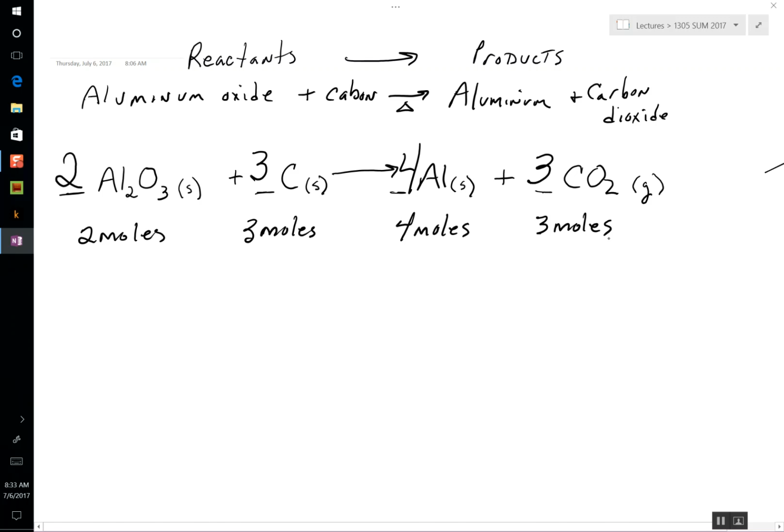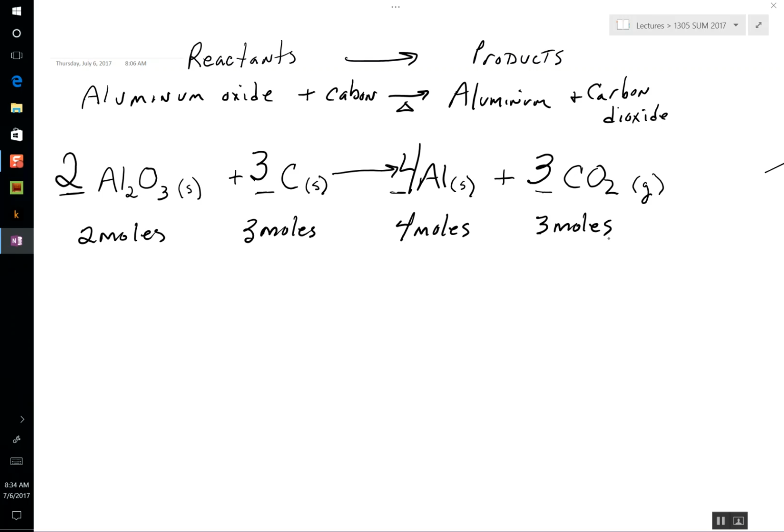Jose? How do we know what's what? I know you talk about those subscripts, like solid, gas, and liquid. How do we know what's what if we're looking for it? Well, how would you know? So like aluminum and oxygen, how would you know aluminum oxide is a solid?